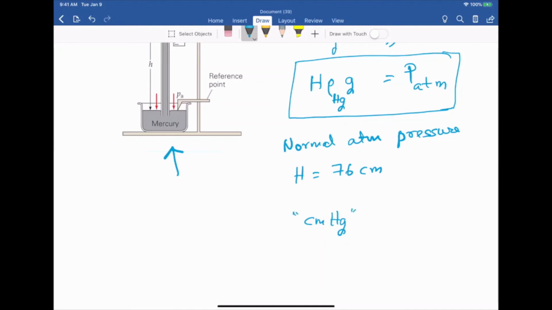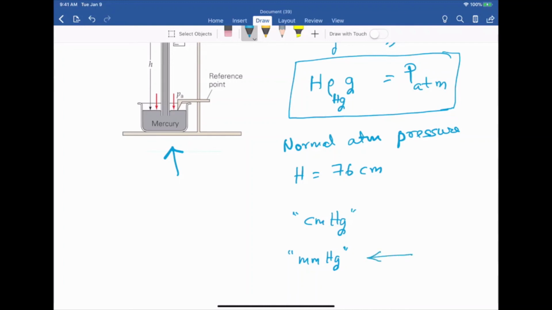And similarly, you can have another unit of pressure, which is the mmHg, which is the pressure exerted by 1 millimeter of mercury. The mmHg and the cmHg are small units of pressure, so they are more convenient for measuring smaller pressures.